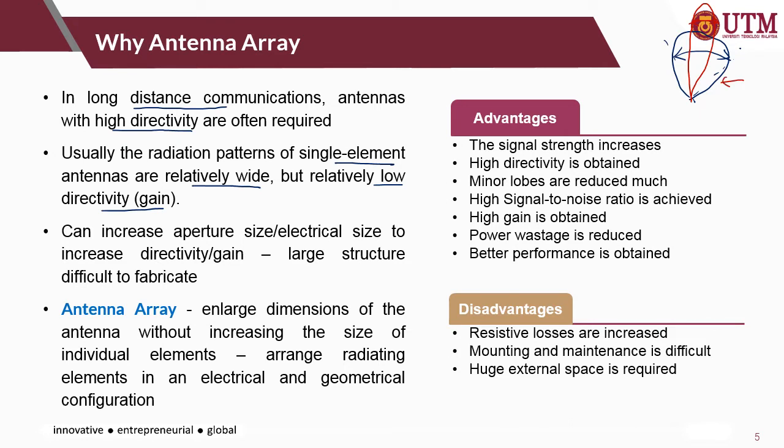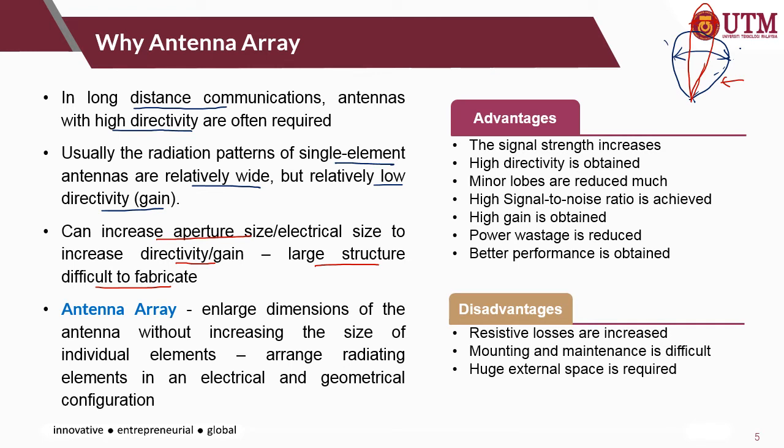All right, we can achieve narrow beamwidth and higher directivity by increasing the aperture size, for example, the horn antenna. So we can control the width and the length of the aperture to increase the directivity. However, this may result in a very large structure, and it's difficult and expensive to fabricate.